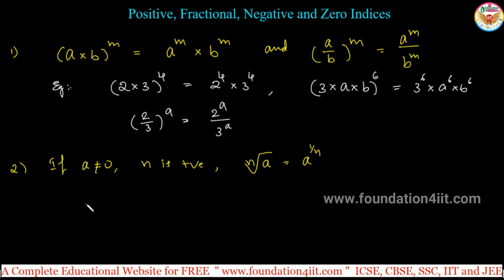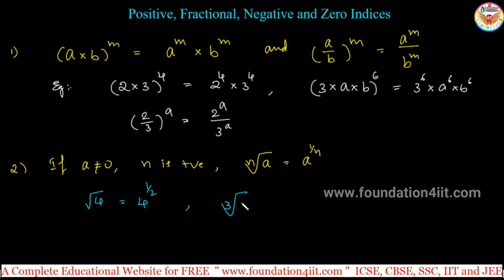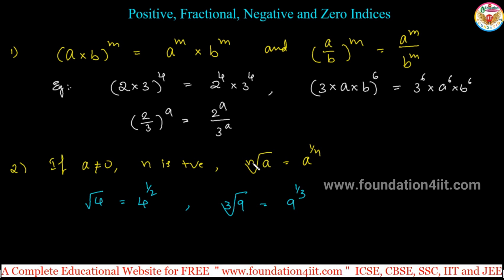Here you see square root of 4. You can write this as 4 to the power 1 by 2, or else cube root of 9. We can write this as 9 to the power 1 by 3. So the nth root of a, n is in this root value. So nth root of a is equal to a to the power 1 by n. Same way, cube root of 9 is 9 power 1 by 3.